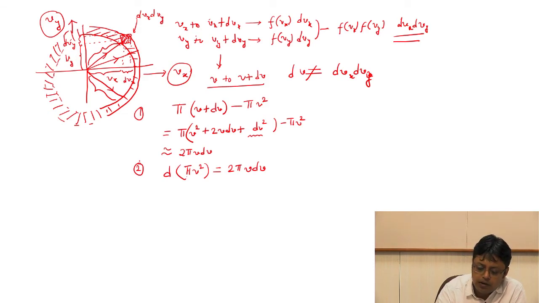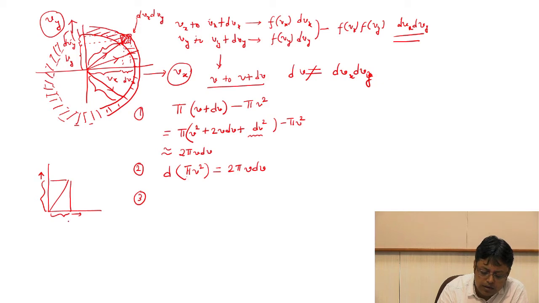Or you could do it in a very different way. What we are doing is varying vx to vx plus dvx, and varying vy to vy plus dvy. Now instead of that, since it will be independent of the direction, the natural choice could be to use the spherical polar coordinates. What is the spherical polar coordinate?